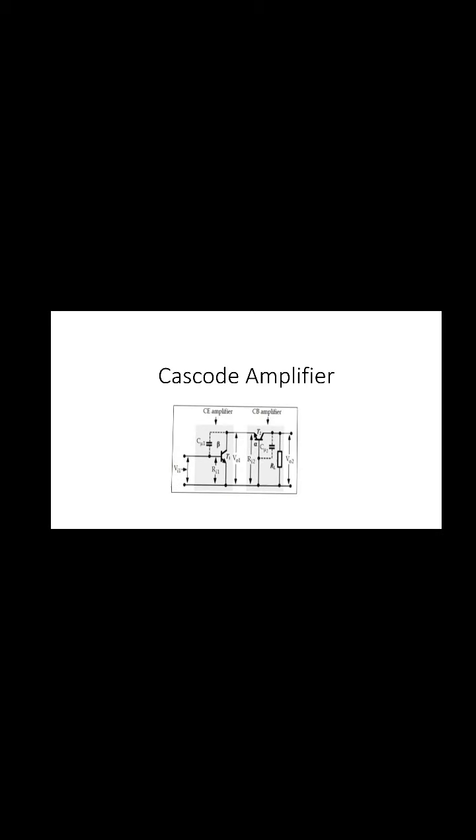From basic principle, for the CE stage, the gain AV1 of the CE amplifier is beta into R01 by Ri1. R01 is the output impedance of this CE amplifier, Ri1 is the input impedance of this CE amplifier, where AV1 is voltage gain, Ri1 input impedance, R01 output impedance of the CE stage.